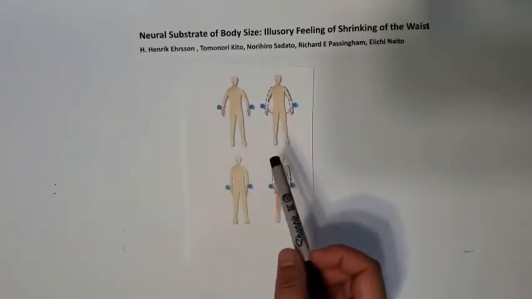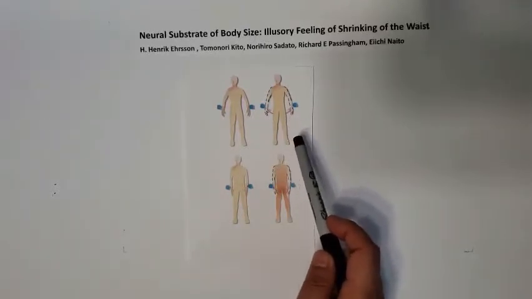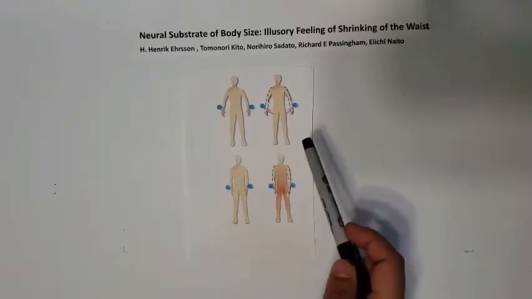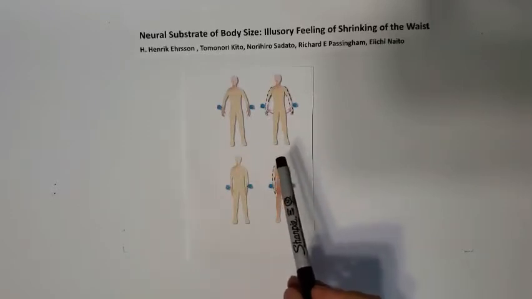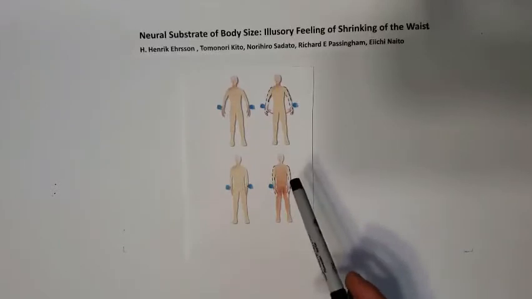How this happened was, when the palms were in contact with the body, the vibration of the two wrists elicited the illusion that the wrists were flexing and the waist was shrinking. When the hands were not in contact with the body, the vibration of the wrist only elicited the illusion that the hands were flexing.